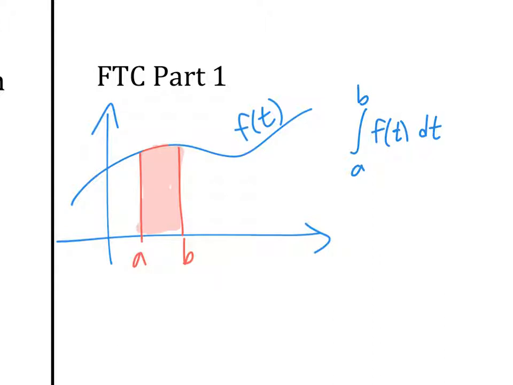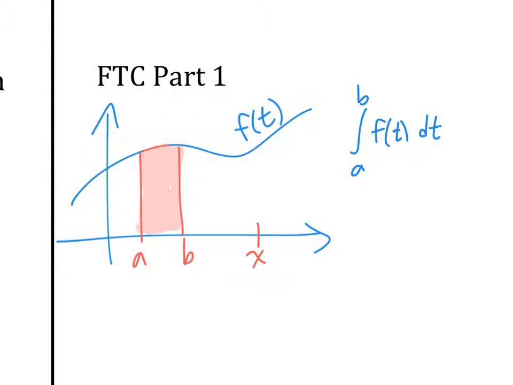Now, let's say that B is not fixed. B is not just a point on the graph. B is actually moving, so let's call it X. X can move. We don't really know where X is, but it's going to be somewhere on this curve.